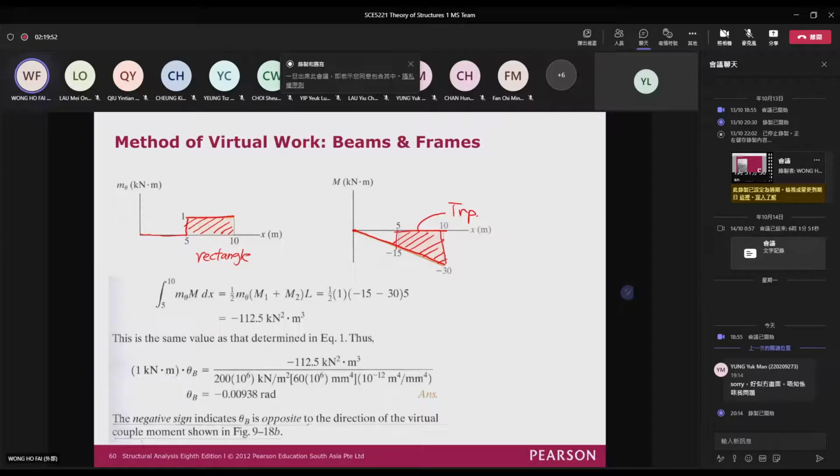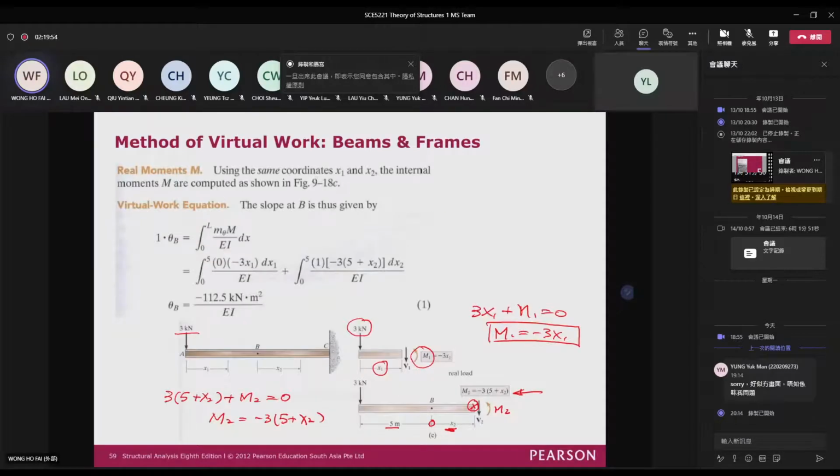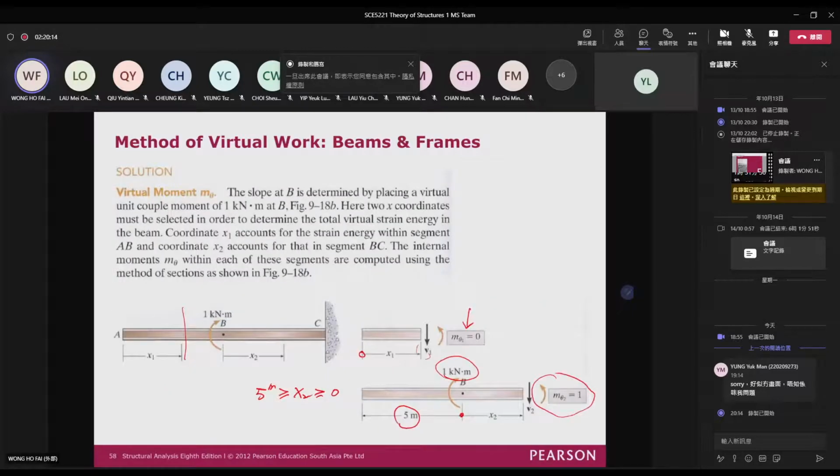And then actually your integration, of course, you can do it here. This is the small m, 0 at the first, and then it is equal to -3x1 here for the first part. Because actually it starts from 0 to 5. And then for the second coordinate system, also it starts from 0 to 5. So for this part, the virtual moment is equal to 1.